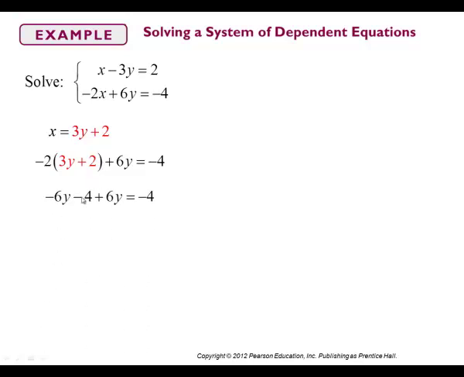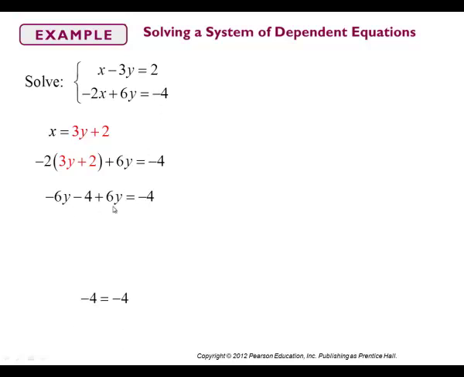And we get negative 6y minus 4 plus 6y equals negative 4. So again, the y's cancel, so you can see that this is a slightly different problem than the last one.